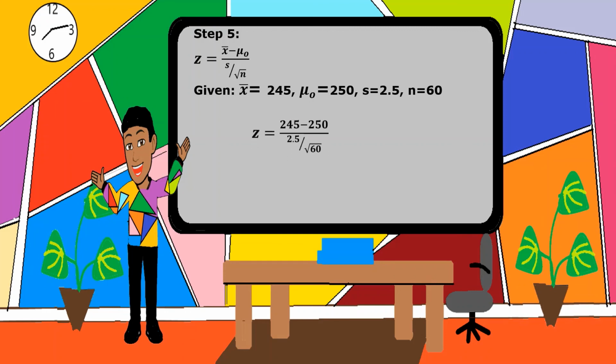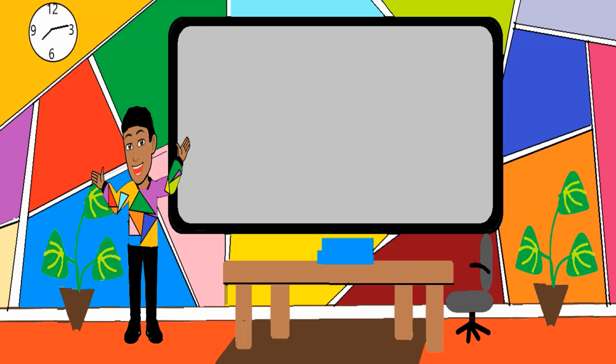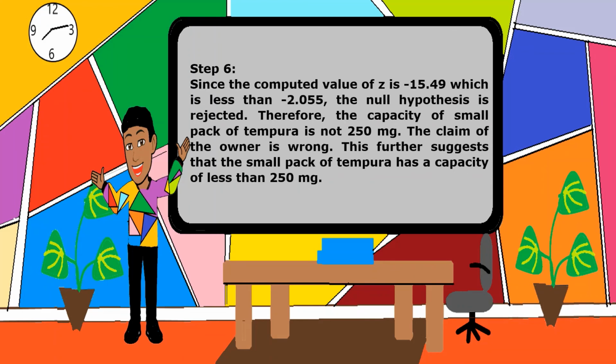So z is equal to 245 minus 250 all over 2.5 divided by the square root of 60. So then z is equal to negative 5 all over 2.5 divided by 7.746. And z is equal to negative 5 divided by 0.3227, which is equal to negative 15.49.